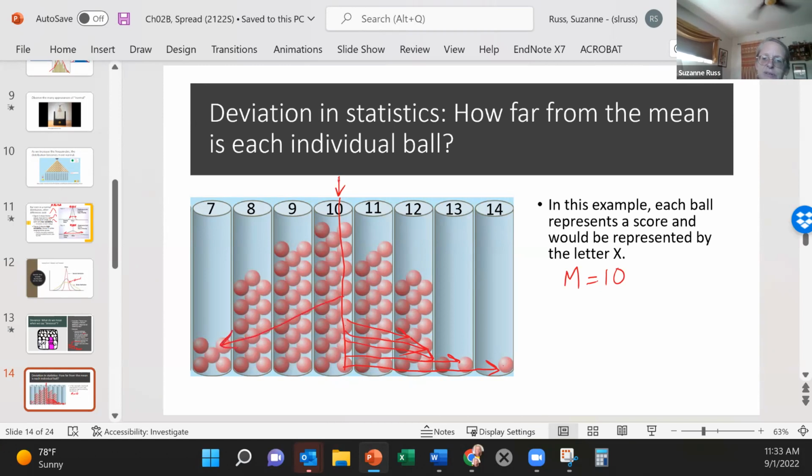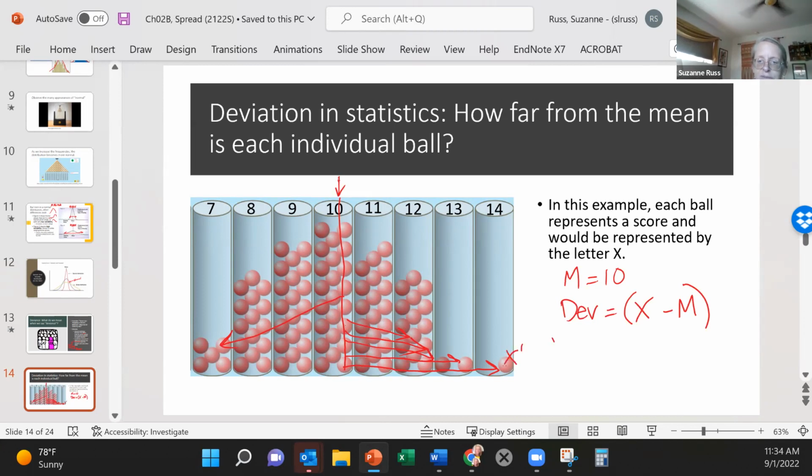How far is each score from the mean? So if the mean equals 10, then each deviation, DEV I'll abbreviate, would equal X, referring to each score, minus M. That's what a score's deviation is. It's just each score minus the mean. In this case, for this score right here, let's call this X1.